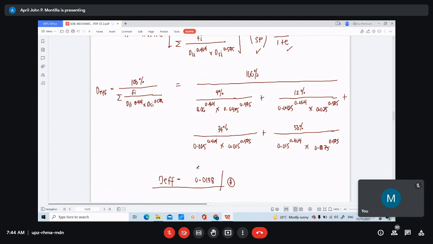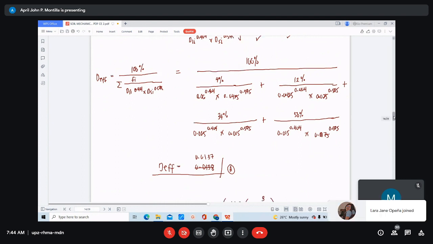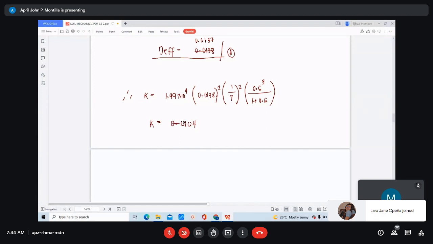How about the others? 0.0137 also. If there is a discrepancy there, we will also have a discrepancy here. It should be 0.0102, and that is in centimeters per second.